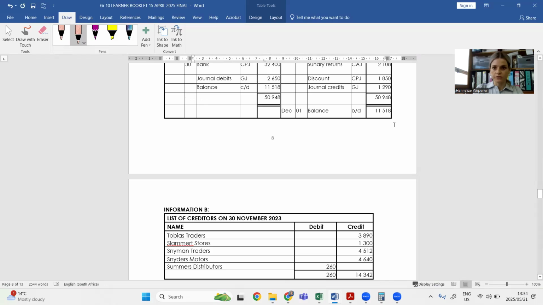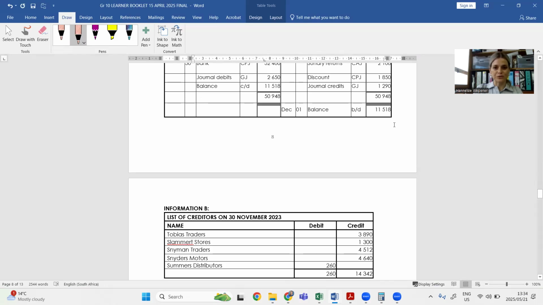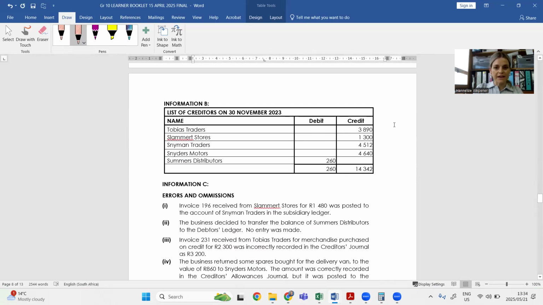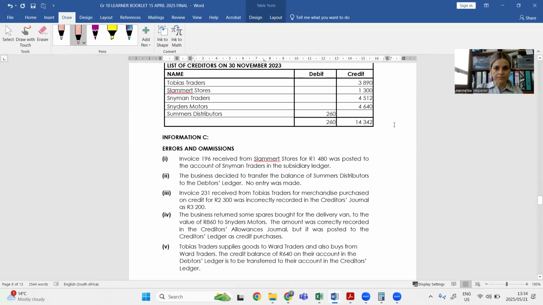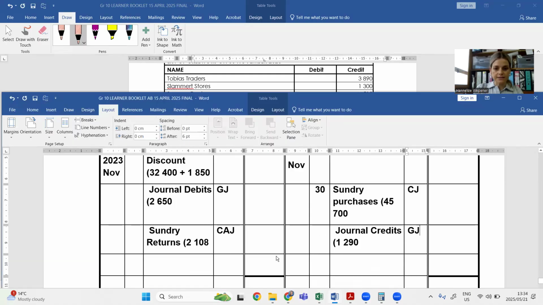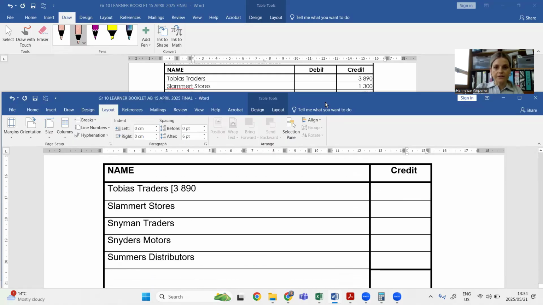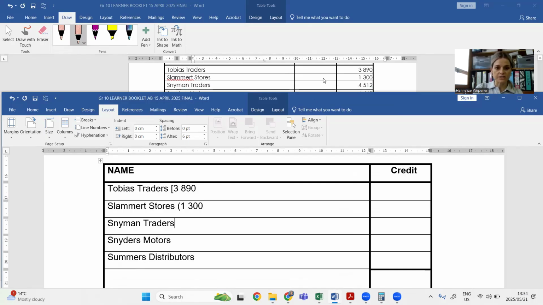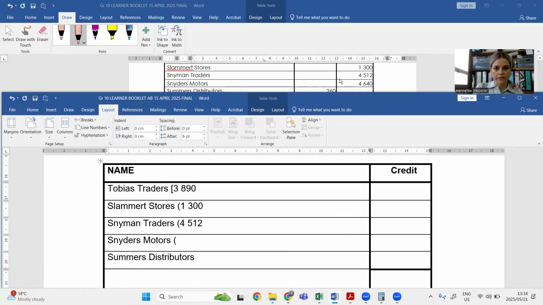It's just, first of all, fix the incorrect creditors control account. Then we have the following creditors by month end. So we go to our creditors list, and it already tells us the first guy's starting balance, the second one starting on 1,300 before taking into account information C. So we always start with our incorrect balances, and then we just fix whatever went wrong.